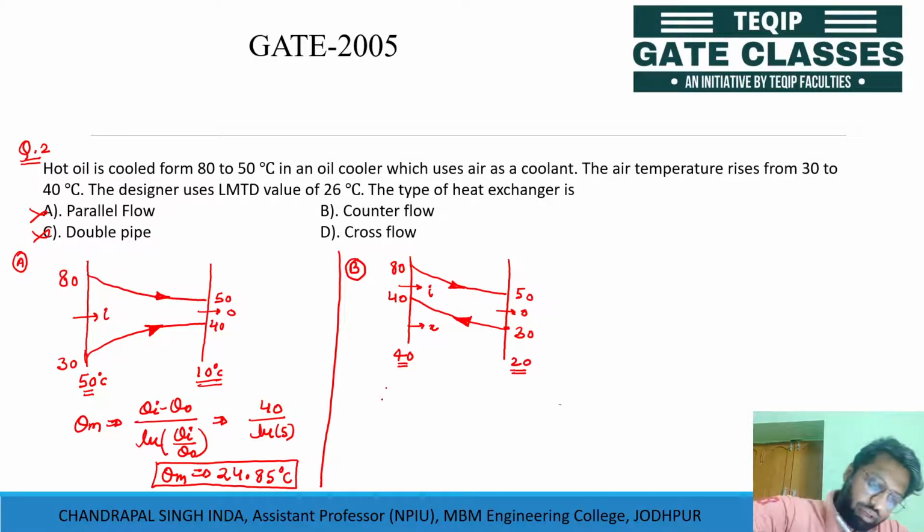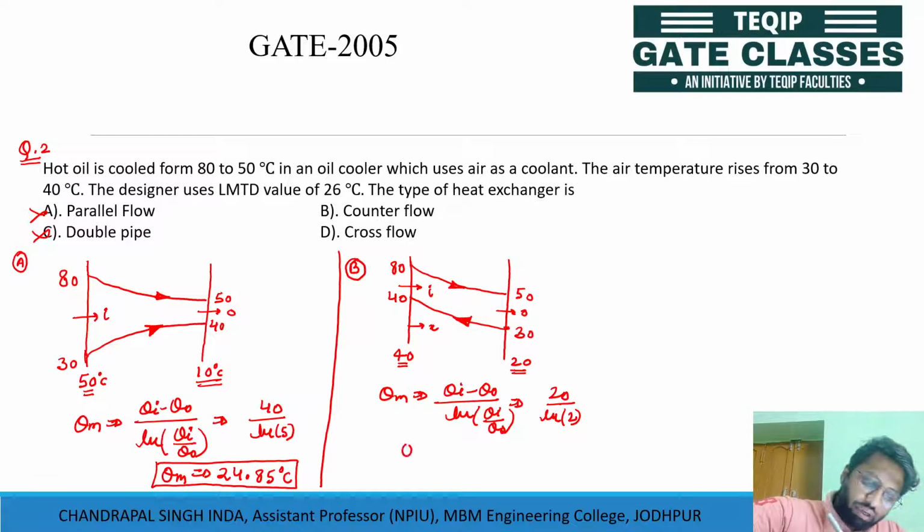So here we have theta mean is equal to theta inlet minus theta outlet divided by ln of theta inlet by theta outlet, and it will be equal to 20 divided by ln 2.